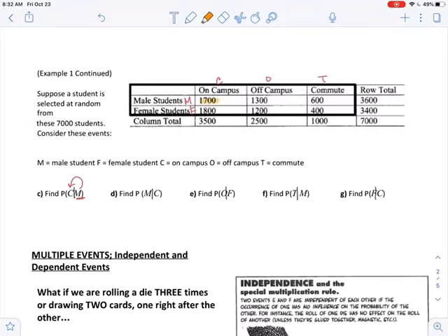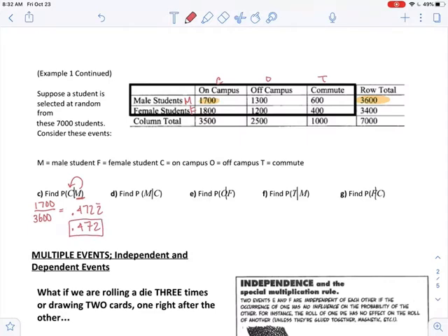So the on-campus males are 1,700. So we're going to have 1,700 over 3,600. Remember, 3,600 is the total. So we put 1,700 over 3,600, and we get about 0.472 as our answer. Remember, again, we're going to only round to 3 decimal places.